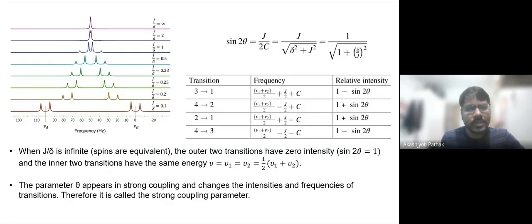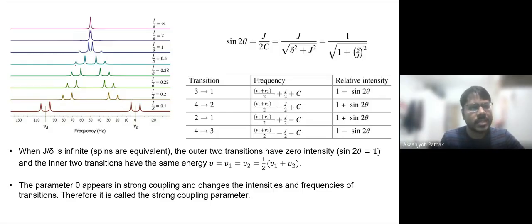Here what has been shown is the 3 to 1 transition, the 4 to 2 transition, and the 2 to 1 transition. When J by delta is infinite, the two outer transitions have zero intensity.